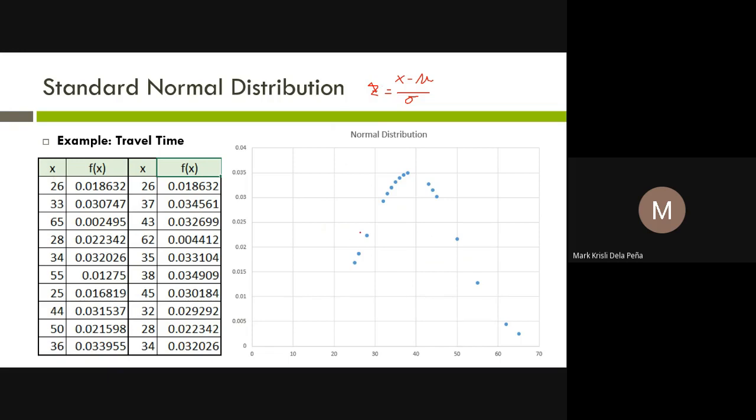I have just shown that when these values are converted to their density equivalent using the Gaussian function, this still looks like a normal curve. If we follow these points and extend them, we can expect this would be the equivalent graph.